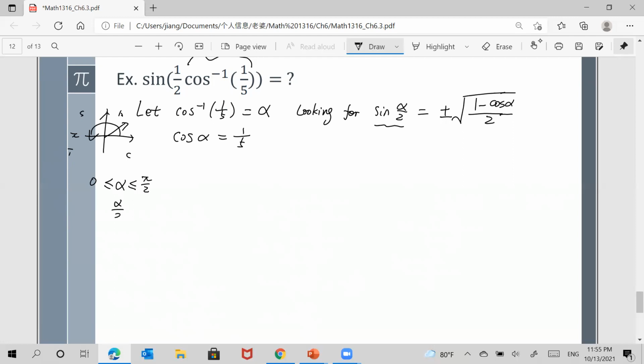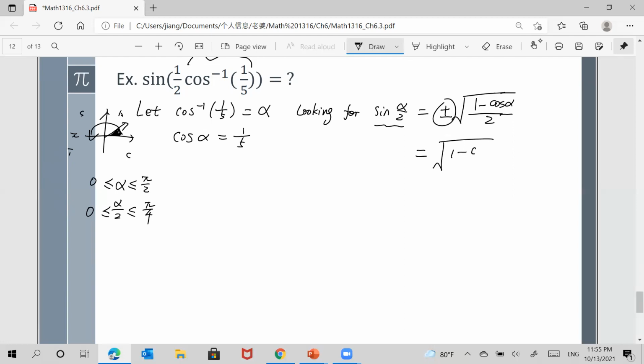How about alpha over 2? Between 0 and pi over 4, that's still in the first quadrant. If every trig function's value is positive in this quadrant, that means here we only keep the positive sign for sine alpha over 2.